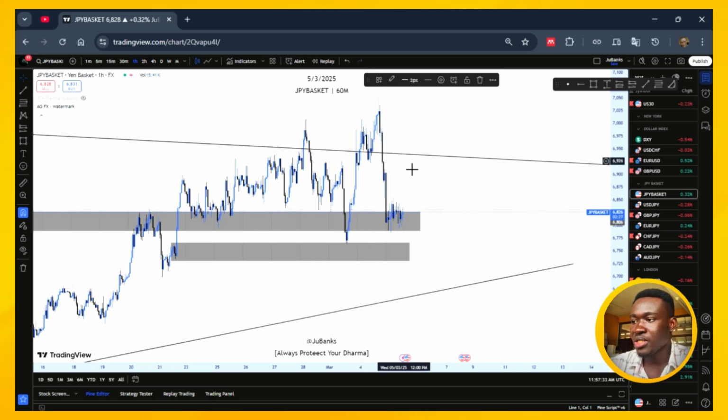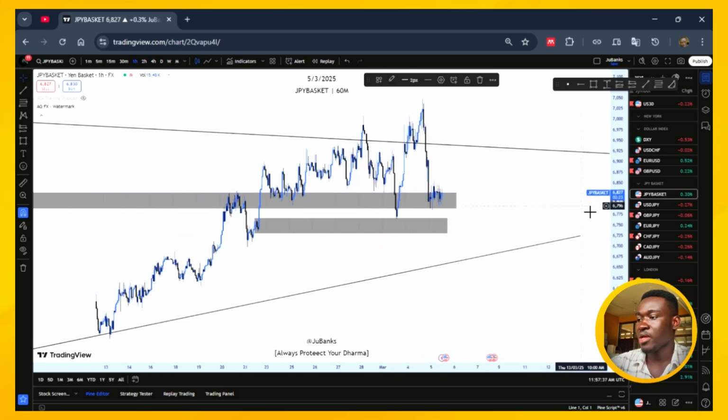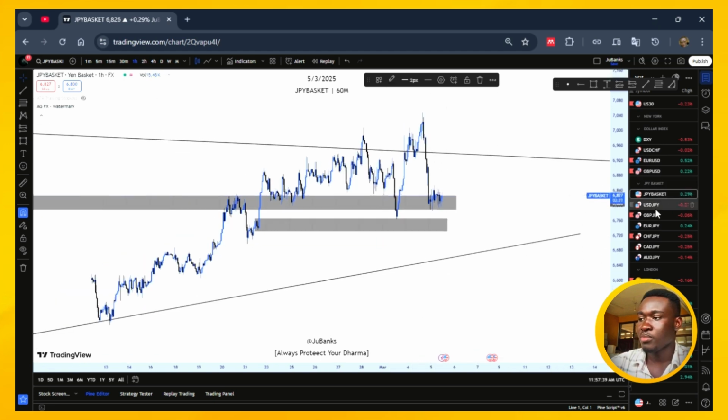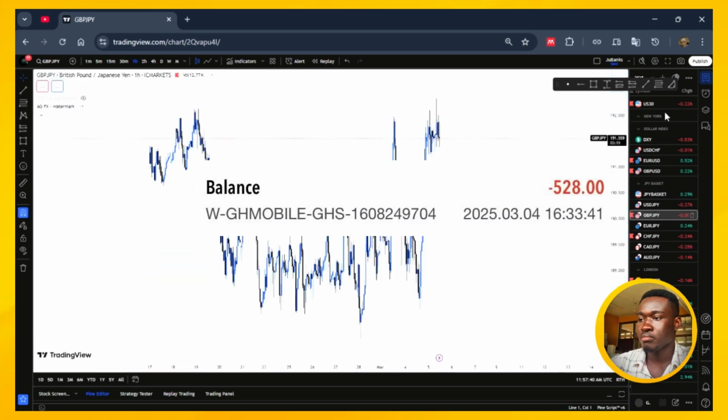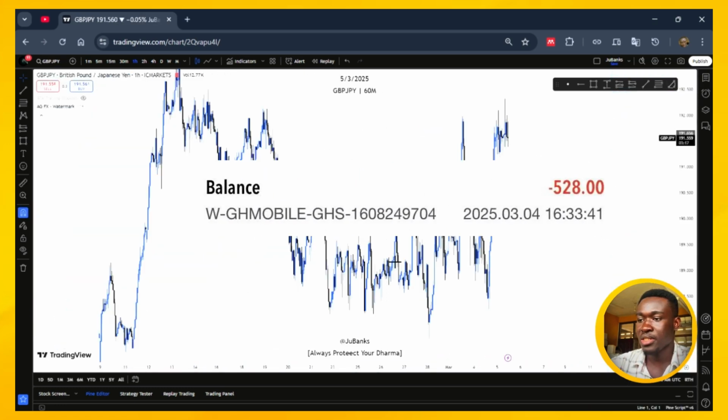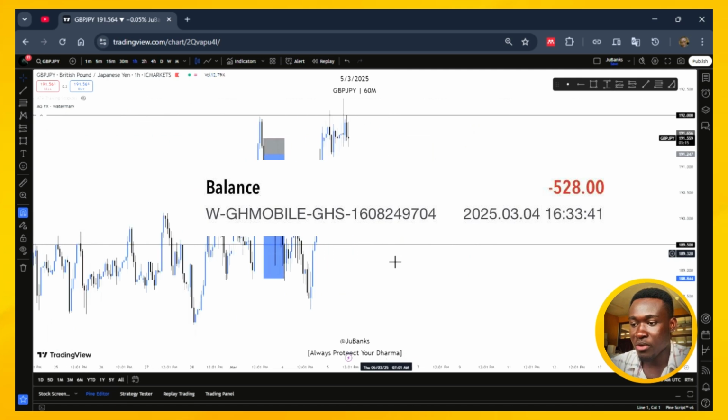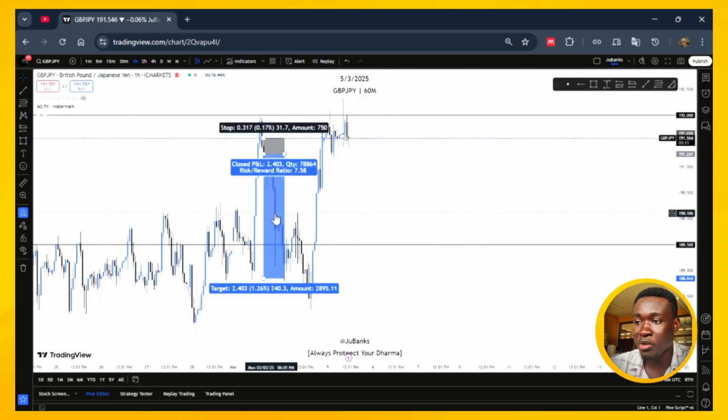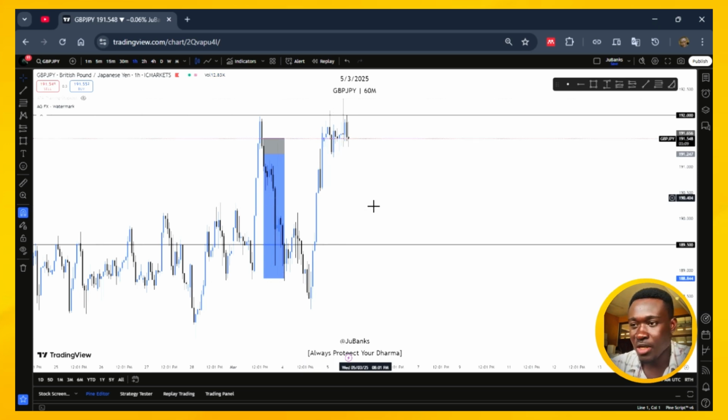So basically, these are the steps I took to milk the market of about 240 pips and make 500 plus Ghana cedis. Thank you for watching.